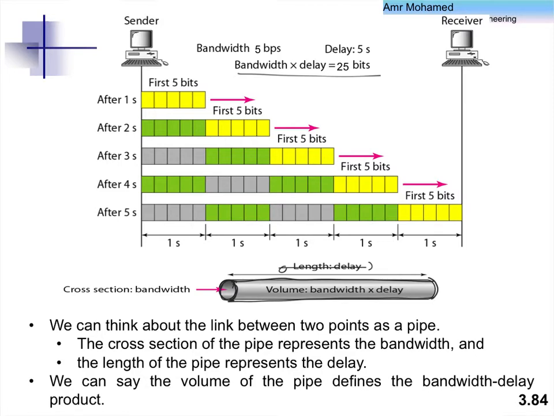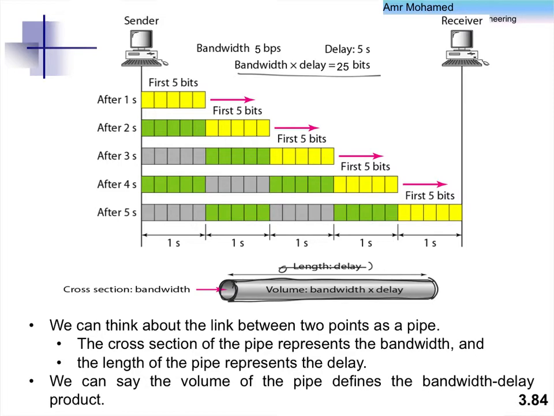Okay, so this is actually the end of this chapter, data and signals. This was actually the foundation for the properties of the signals. We talked about the properties of the analog signals, the properties of the digital signals, the two types of transmission, which is baseband transmission and broadband transmission.